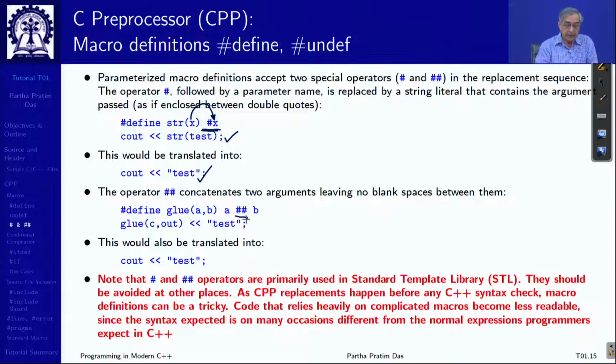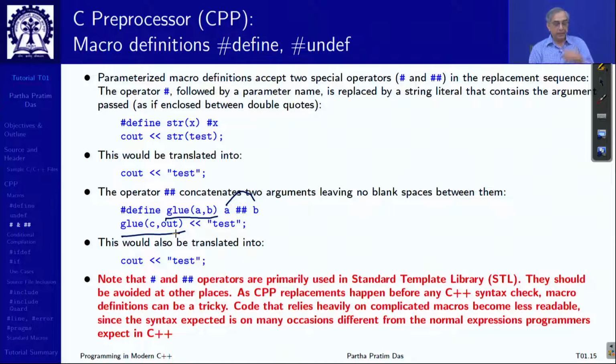Another very nice thing is you can concatenate 2 parameter strings into one, put them together. So, let us say there is a macro called glue which takes A and B, and this is to be concatenated. So, I can write cout as glue(c, out). Nobody will do this, but just to show you what can be done.